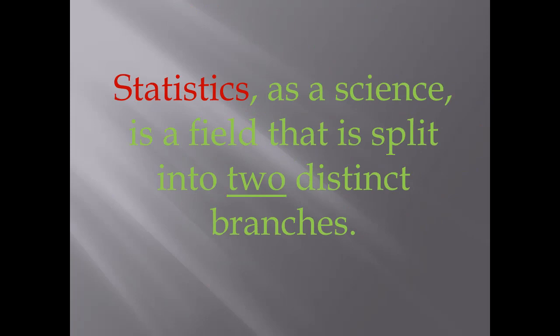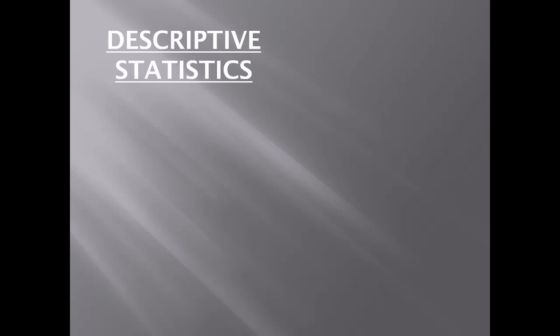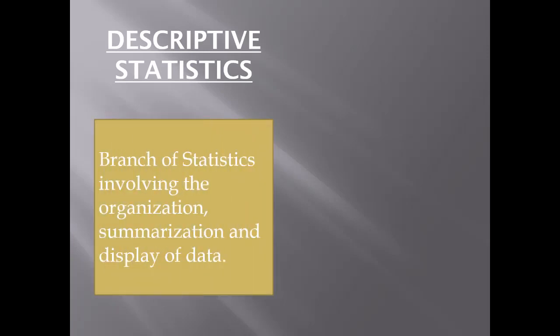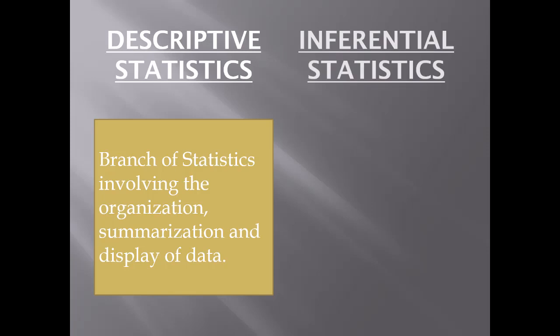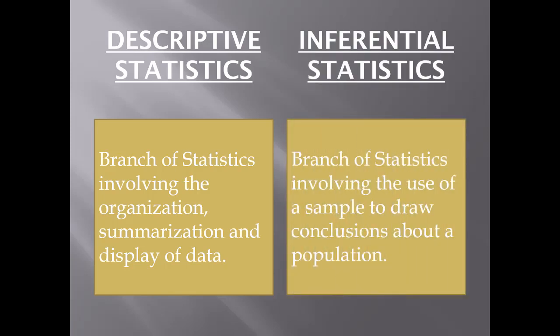So there are two big branches of statistics that we'll talk about. And those branches are descriptive statistics and inferential statistics. So descriptive statistics is the branch of statistics involving the organization, summarization, and display of data. And inferential statistics is the branch of statistics involving the use of a sample to draw conclusions about a population.